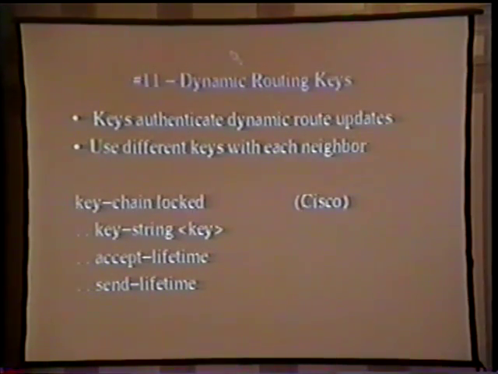The way you would do that, these are the Cisco commands, would be using a key chain and then inputting a key string and a lifetime for each of the accept and send.